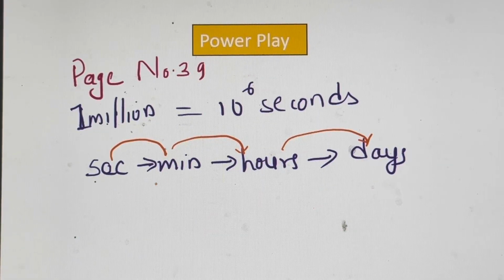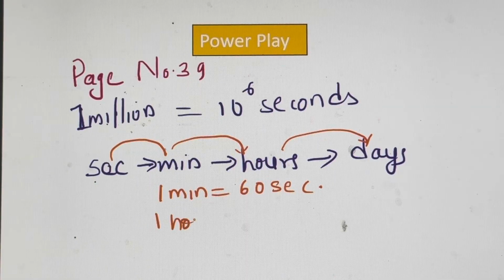Right? So first we write down the conversions. This 10 raised to 6 will be divided by all the conversions. So first we understand 1 minute is 60 seconds, and 1 hour is 60 minutes, right?